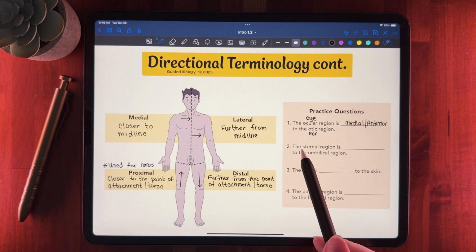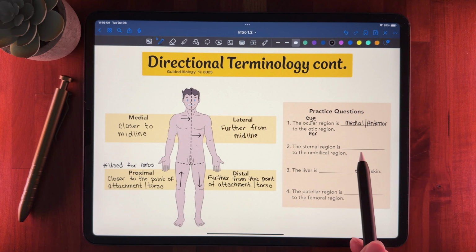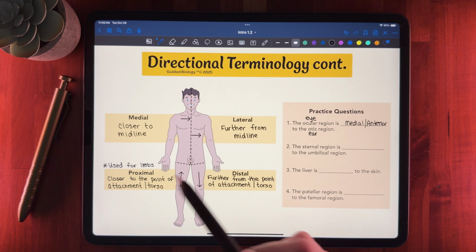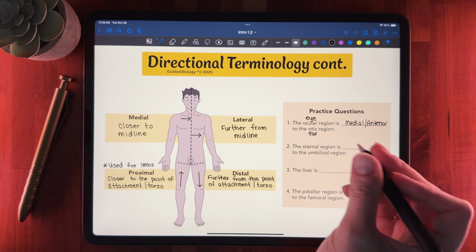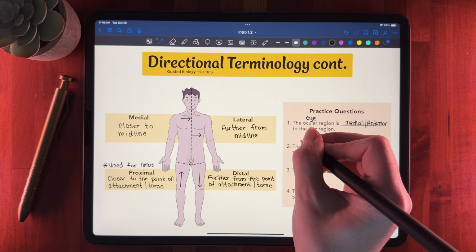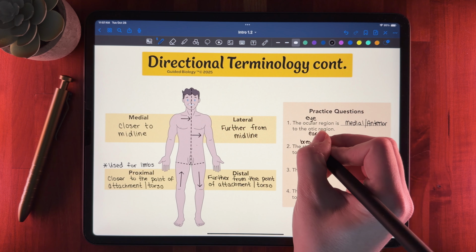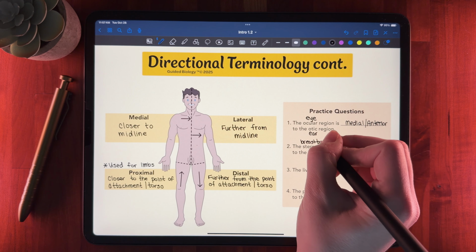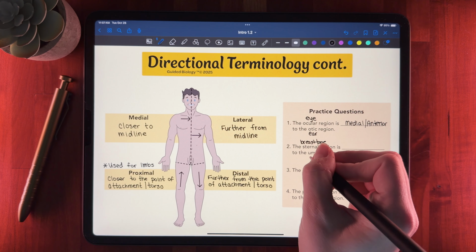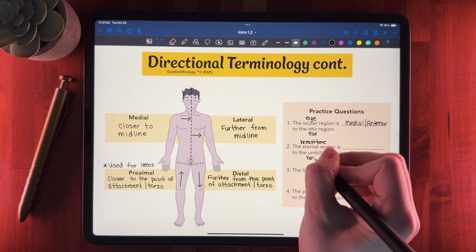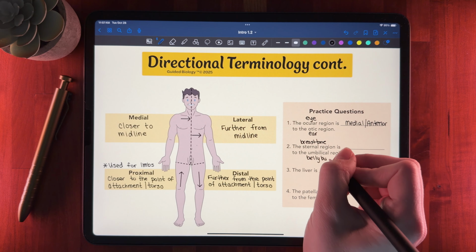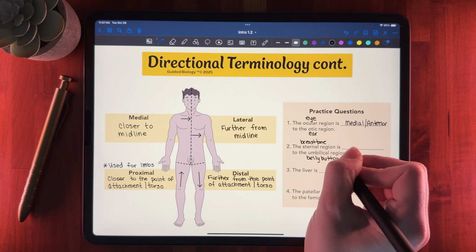All right, let's look at our next question. The sternal region is blank to the umbilical region. First we'll define our terms. The sternal region is the breastbone, in the middle of the chest. The umbilical region is the belly button, right in the middle of the abdomen.